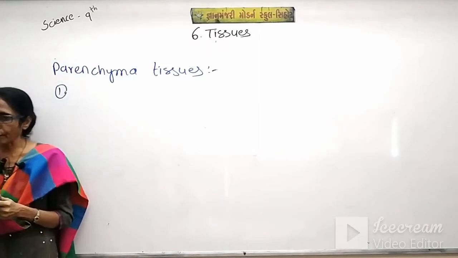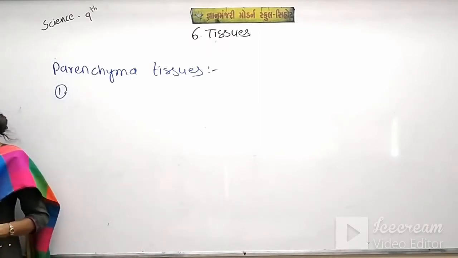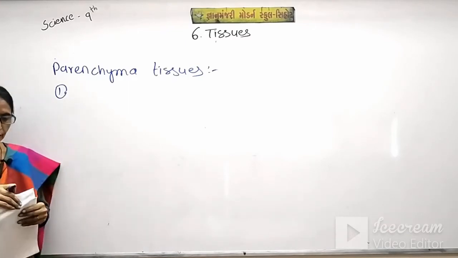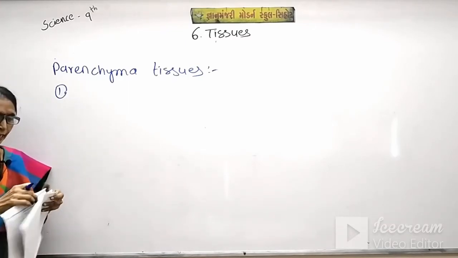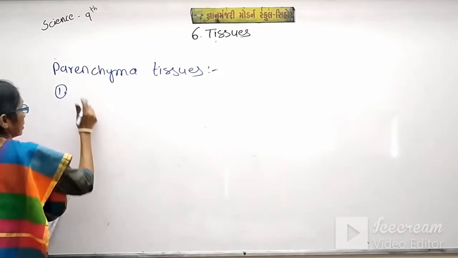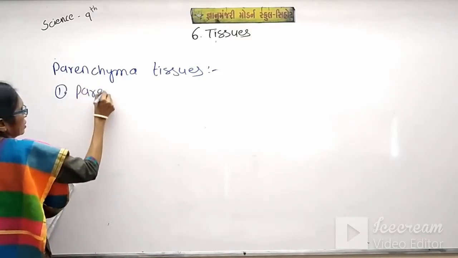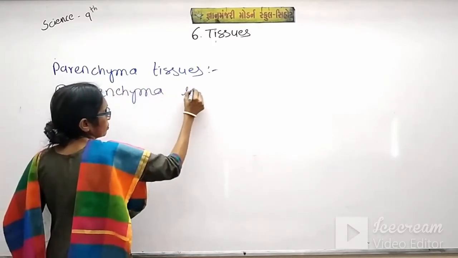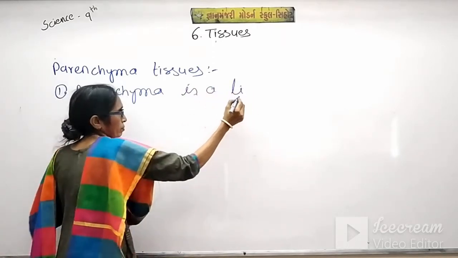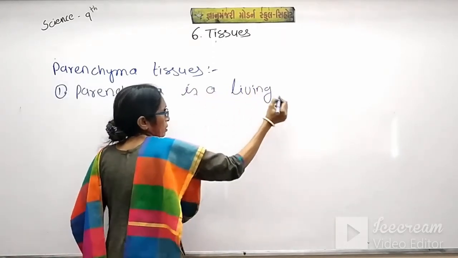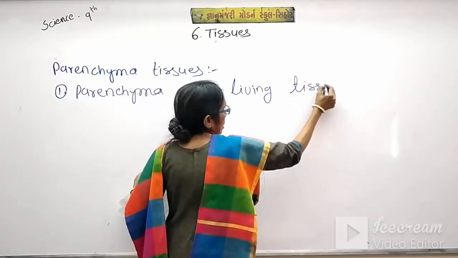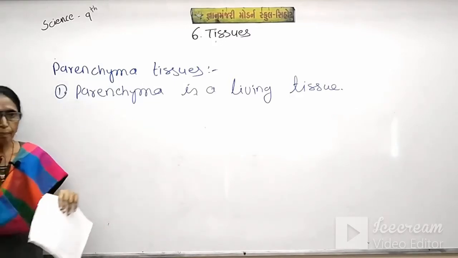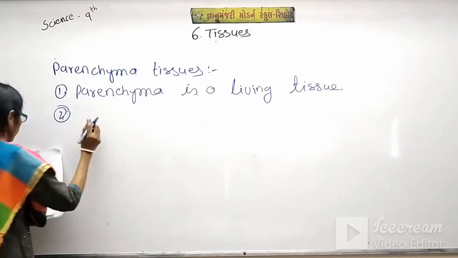Means they are made up of only one type of cell. So the characteristics I am giving you here, you have to just write them and learn them. Parenchyma is a living tissue. I told you, what is living tissue? The tissue which can be replaced. They are living tissue.